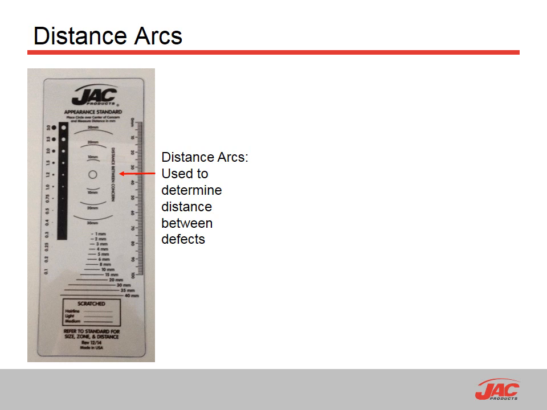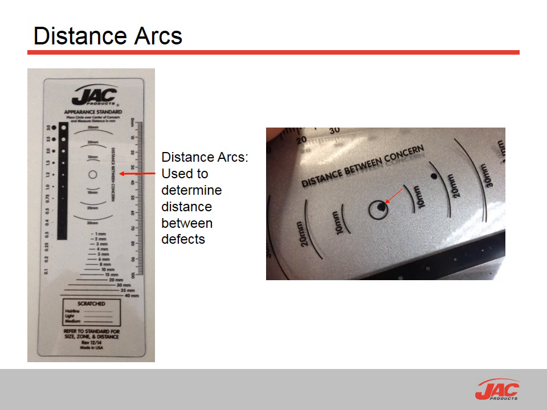Distance arcs are a very quick way of determining defects that are 10, 20, or 30 millimeters apart from each other. This is a good tool when the exact distance is not required, only if it is greater or less than a specified number. To do this, align the edge of the defect against the line of the inner circle.